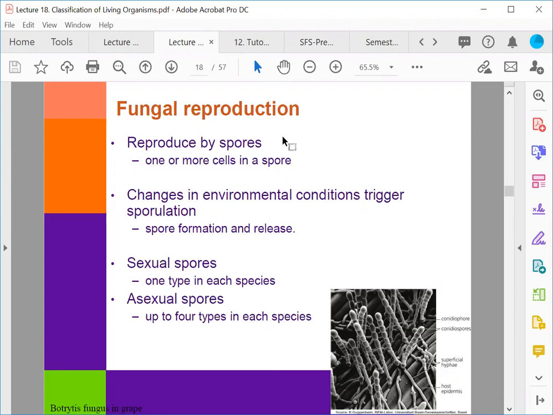And certain changes in the environment trigger fungi to start producing those spores, that is, trigger them to start sporulation. All right, sexual spores. There's only one type of sexual spore that's produced in each species. But for those fungi that reproduce both sexually and asexually, there can be up to 4 types of asexual spores produced in each species.